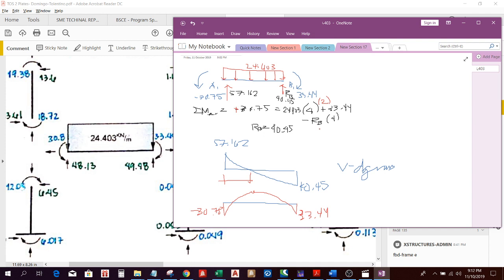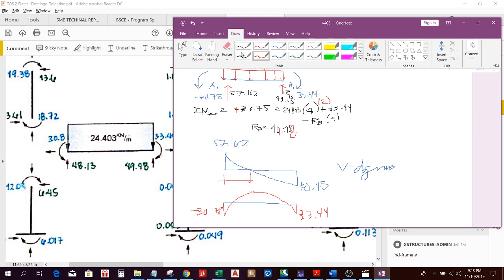So this should be 49.5, or 48. I forgot the lever arm here. So this one is 49.48.